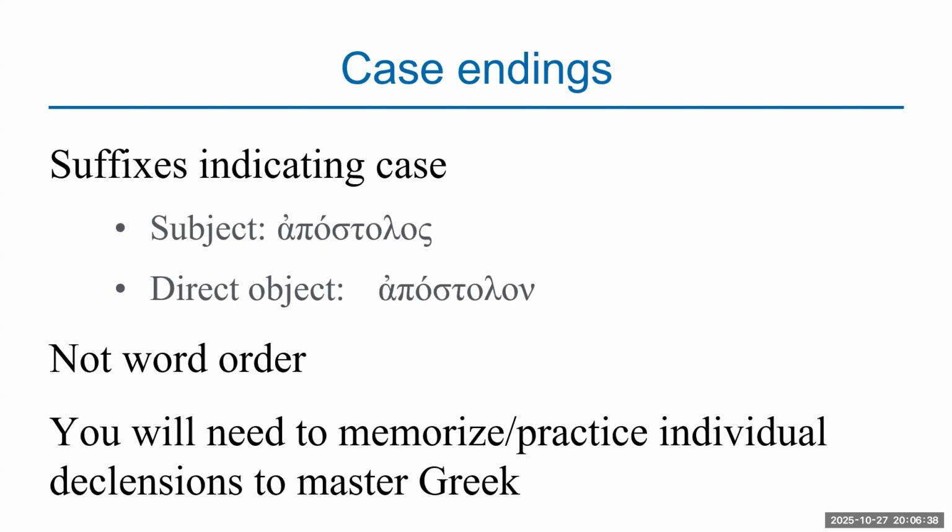And in the same way, if you see the word apostolon, with the new on the end, then you're going to know that that goes with the verb. It's a direct object. So in Greek, as we've talked about before, you're not as concerned with word order as you are with rightly translating the word according to the case.